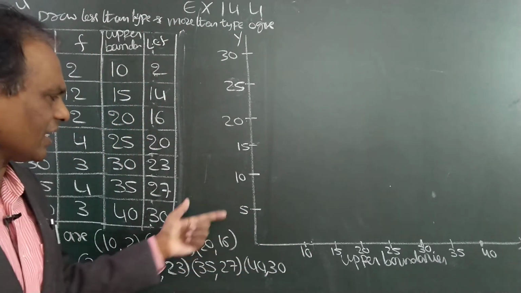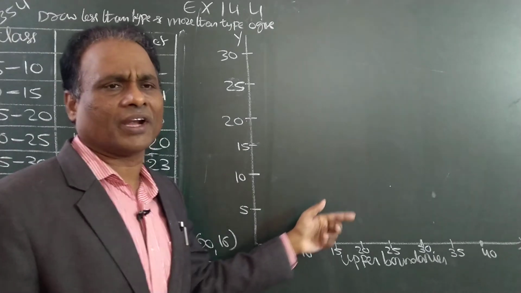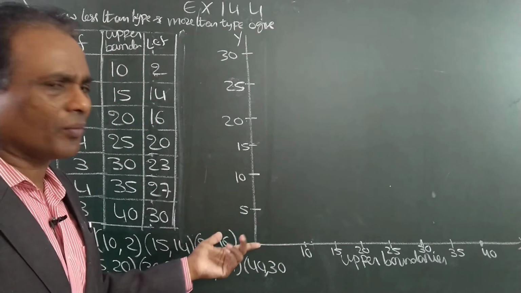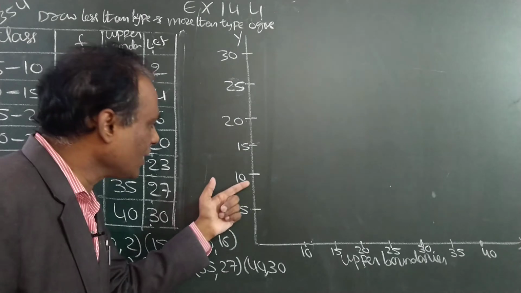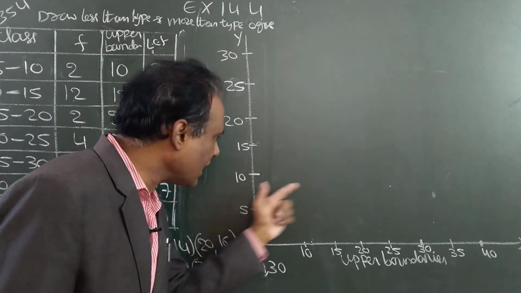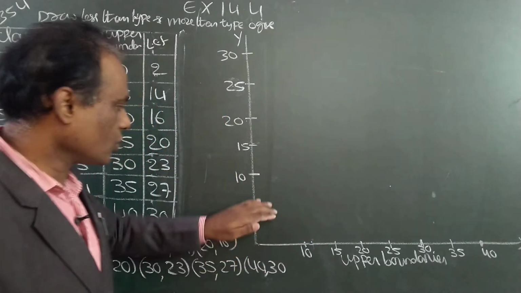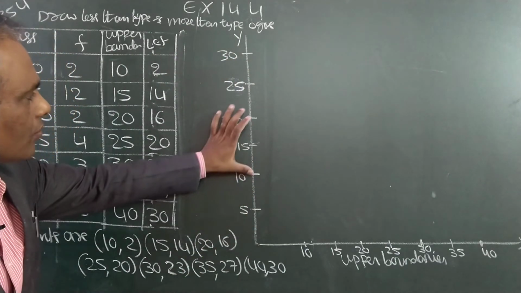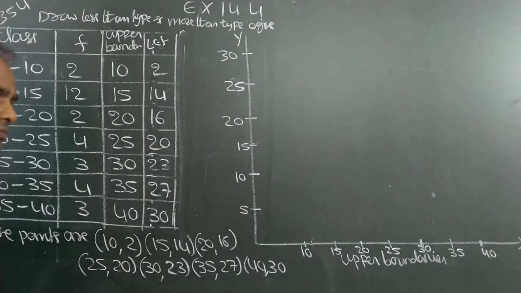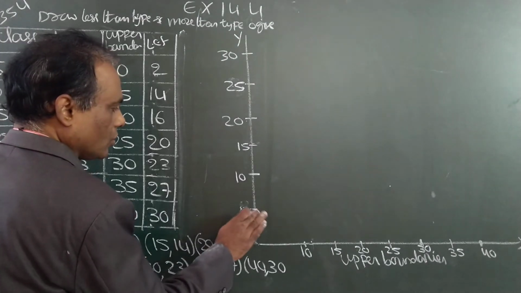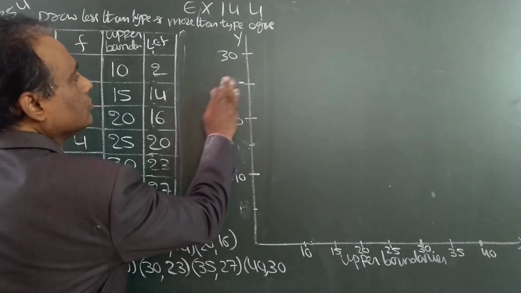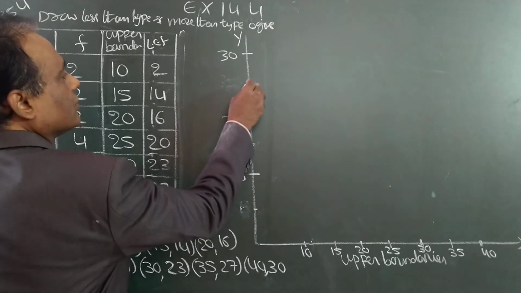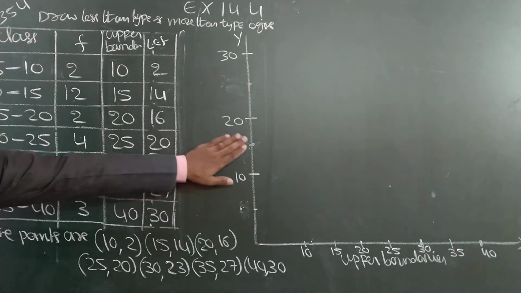Anyway, we only have to plot the points. If it is 8, we will just see the 8 and plot the point. There is no significance to 5 or 15 or 25; these numbers are sufficient. Otherwise you may get confused.